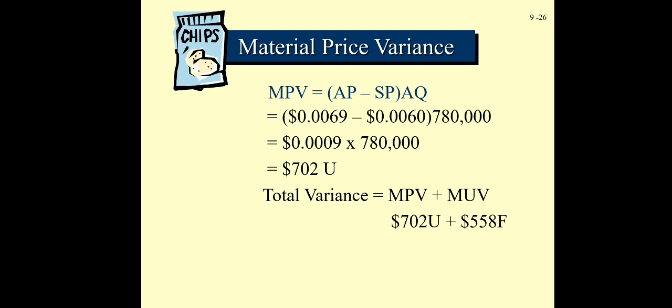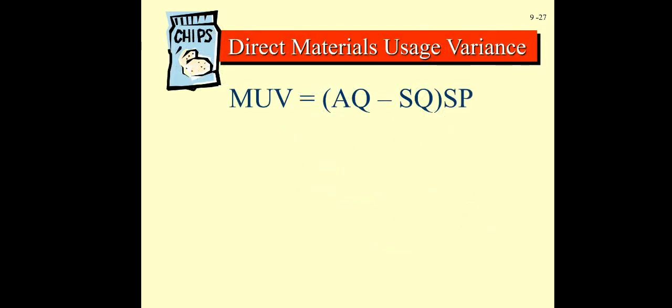Now, see here, this one is calculation for material price variance. Remember I said for every item of cost, you can calculate variance in terms of dollar and quantity. So this material price variance is variance in terms of dollar. It was unfavorable. Now let's see how to calculate material quantity variance or material usage variance.